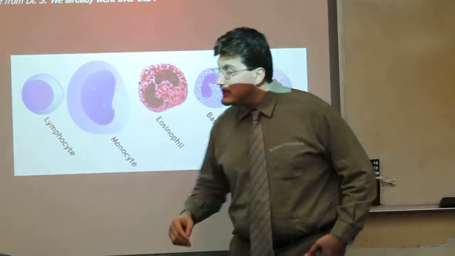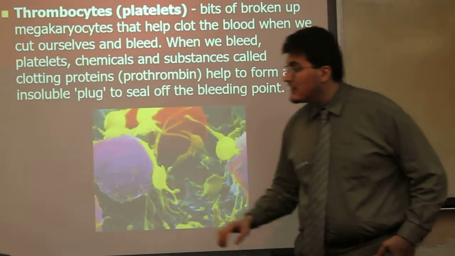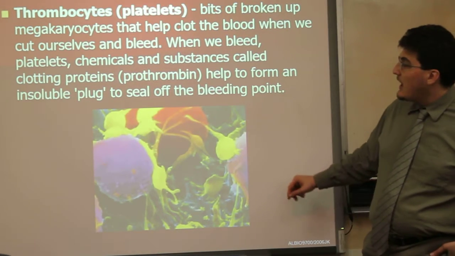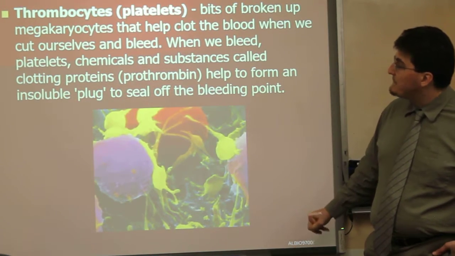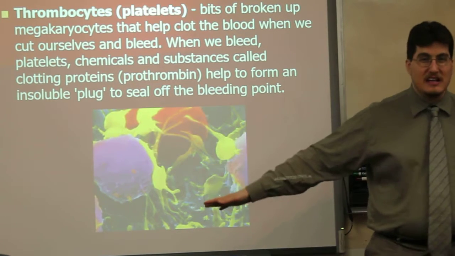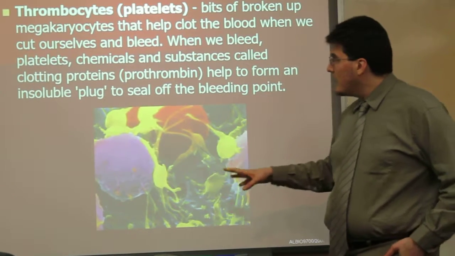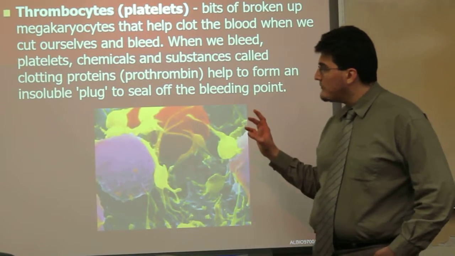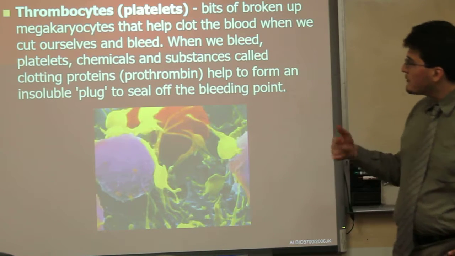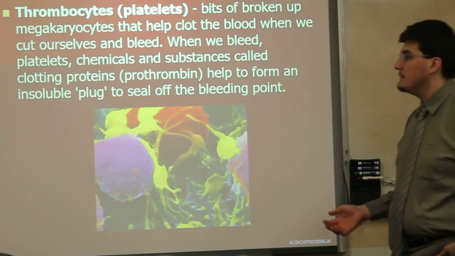So, I'm going to leave you after this spotter's guide by discussing thrombocytes again, and these are bits of broken up megakaryocytes. We've already discussed these. Mostly when we bleed, the chemicals and substances called clotting proteins, like prothrombin, will help to form an insoluble plug and seal off that bleeding point.